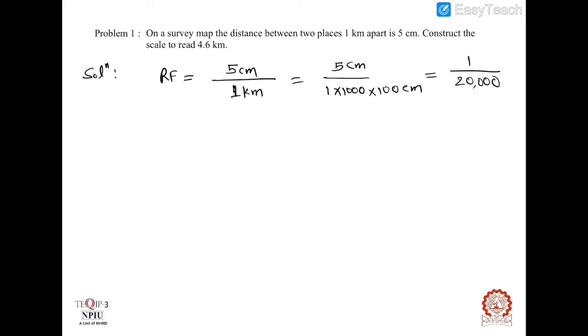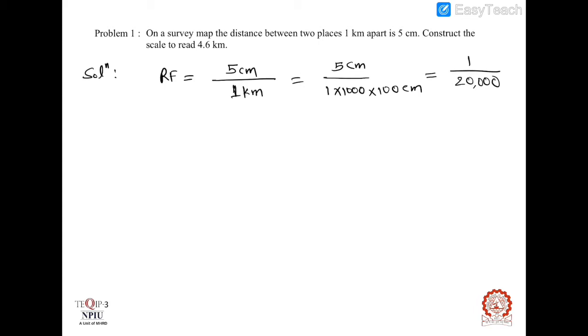See, if we make 4 kilometer scale, then we cannot measure 4.6 kilometers. So we have to make the scale of 5 kilometer. So we have to construct the scale that can measure up to 5 kilometer.